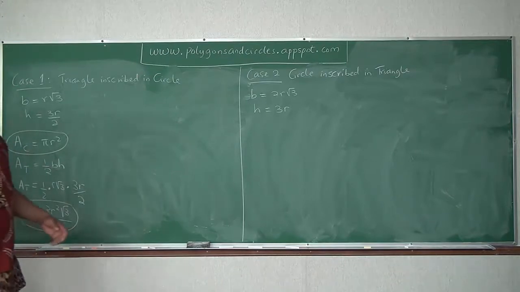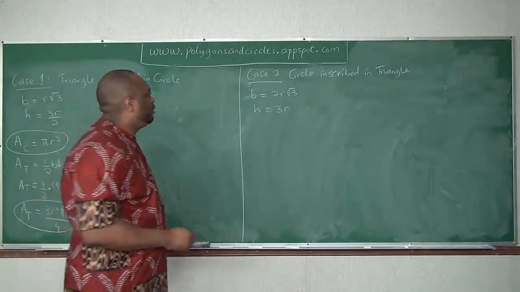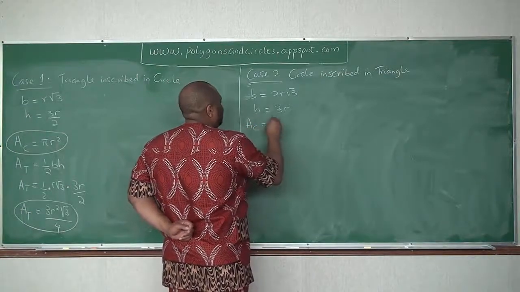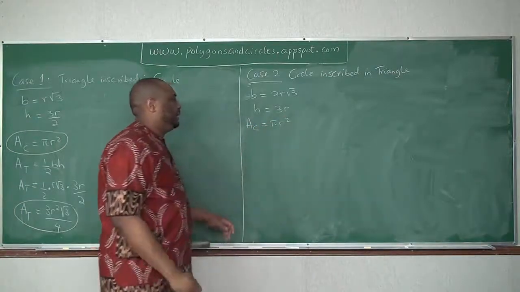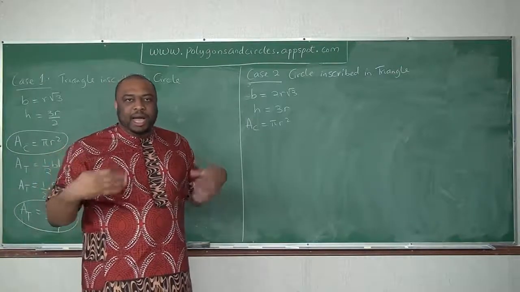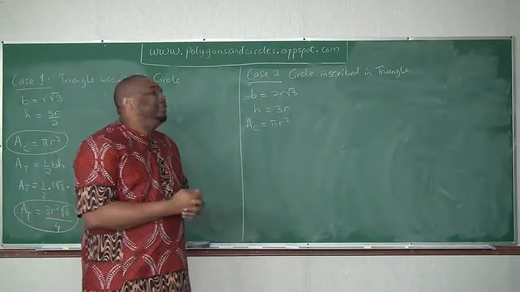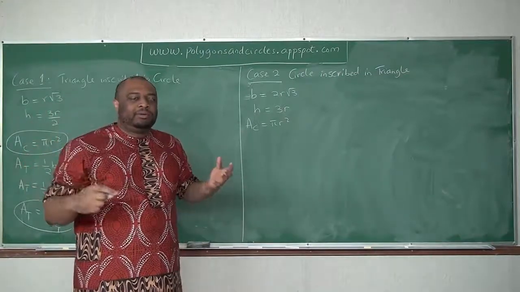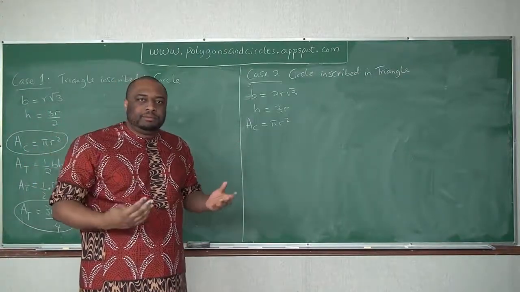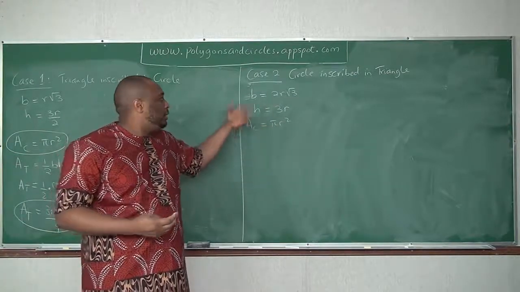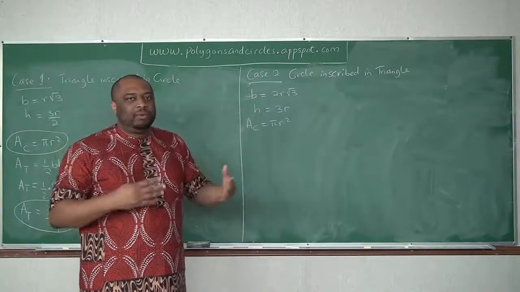And when we have circle inscribed in triangle, we see that the area of the circle also is pi R squared because they gave us the R. Let's put all this in terms of R. Even if they give you the diameter of the circle, just divide it by 2 to get the radius, and you can find any one they give you.